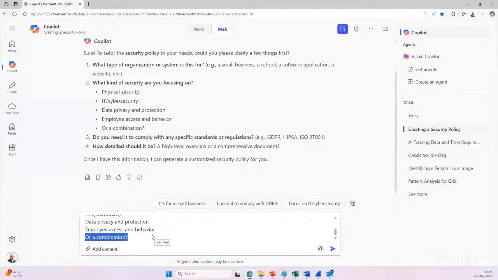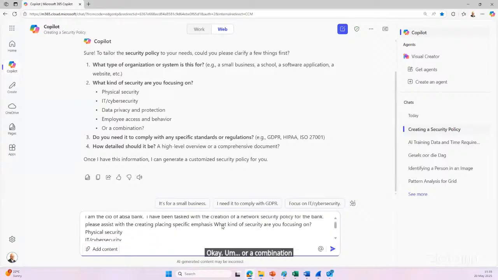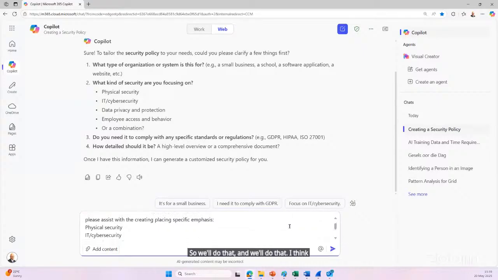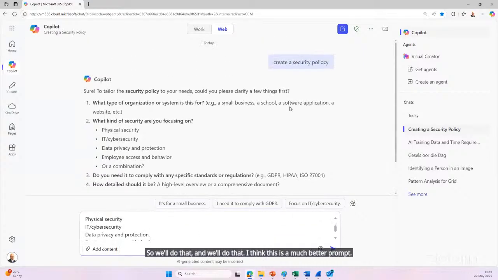Okay. Or a combination. What kind of security are you? Okay, so we'll do that. And we'll do that. I think this is a much better prompt than simply trying to create a security policy. Right. It's a bit more specific. I'm providing a lot of information.